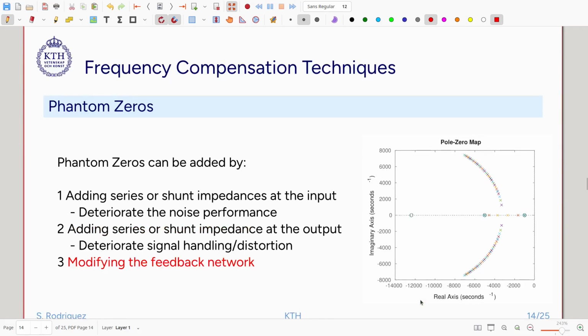And we have also discussed a little bit about how to manipulate the position of the poles, and we introduced before the concept of the phantom zeros. When they are added, the phantom zeros will attract the position of the poles to them, and if we put these zeros wisely, we can place our poles in Butterworth positions or close to Butterworth positions.